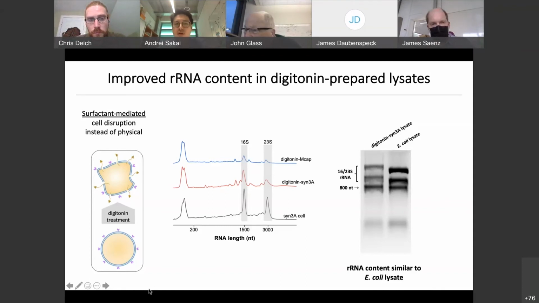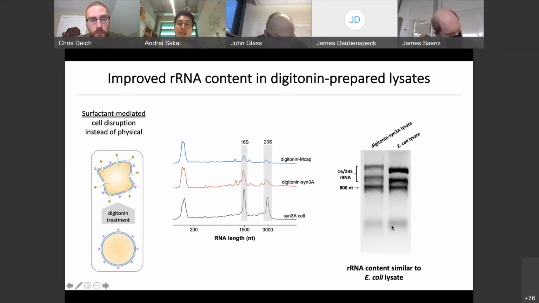And the thing here is that digitonin will not completely lyse the cell. It will open pores in the cells, and the cytosol can leak out. And what we observed here is that when we use digitonin, we can recover a higher amount of ribosomal RNA in the final lysate, which is very exciting news.